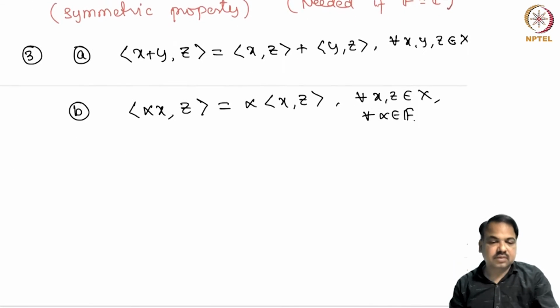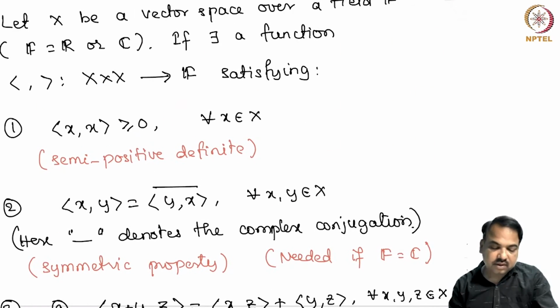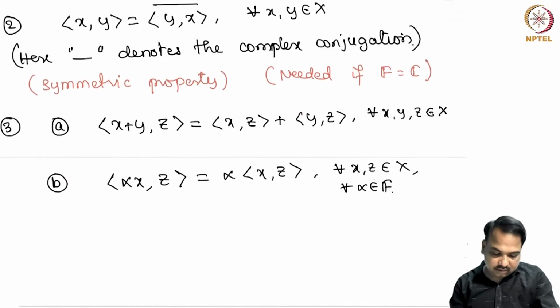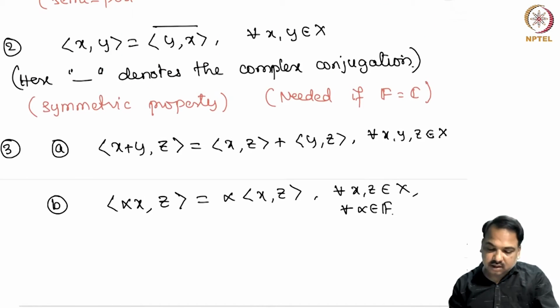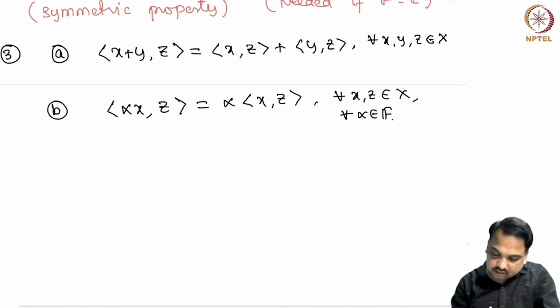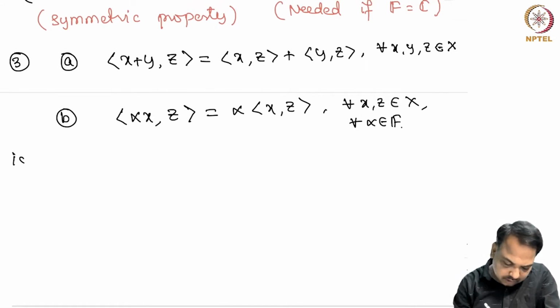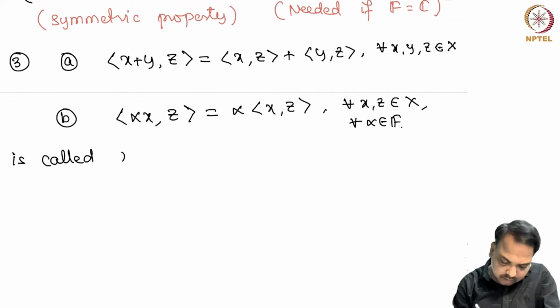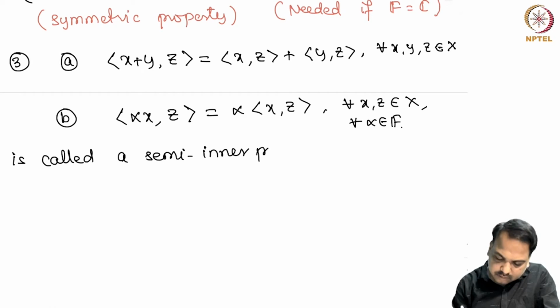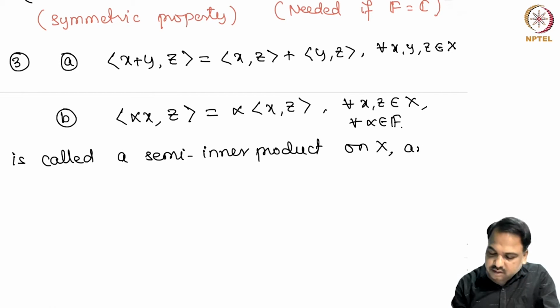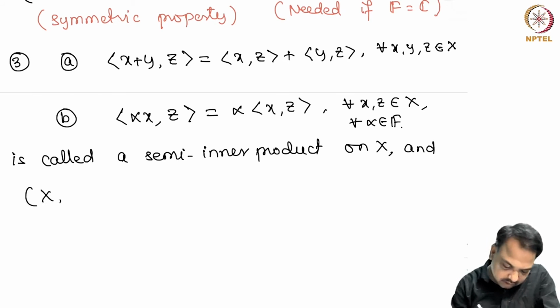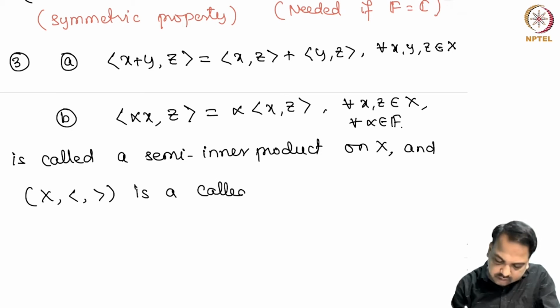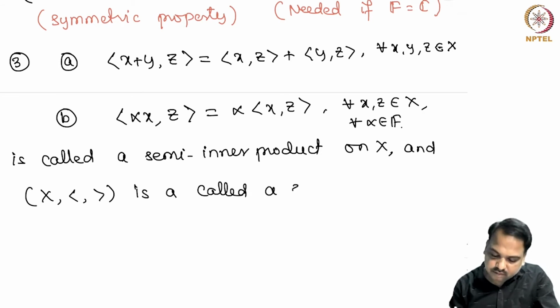So if the two variable function satisfies these three axioms, we call that function a semi-inner product on X, and X with this semi-inner product is called a semi-inner product space.